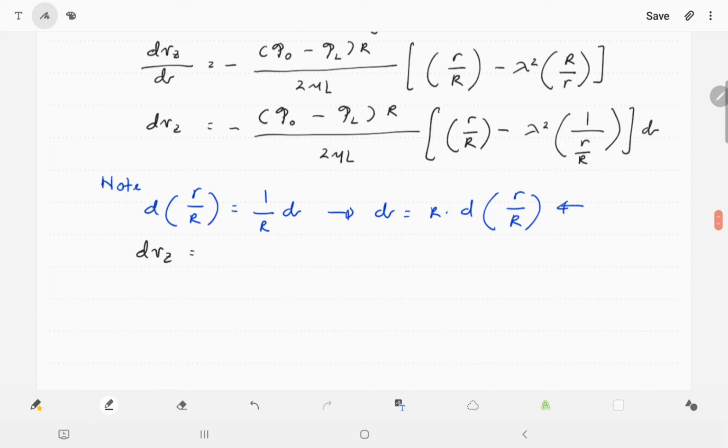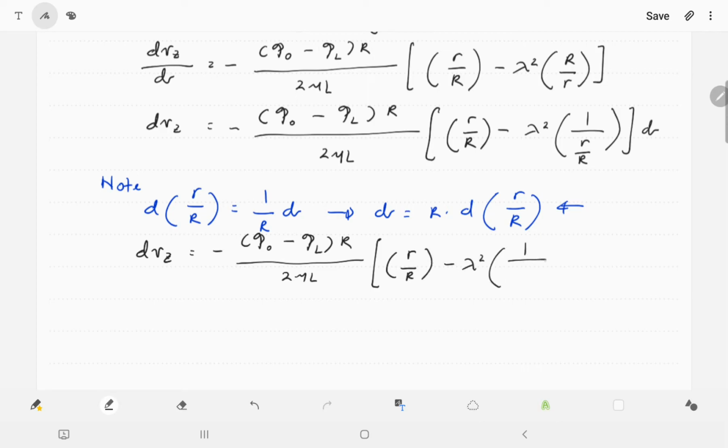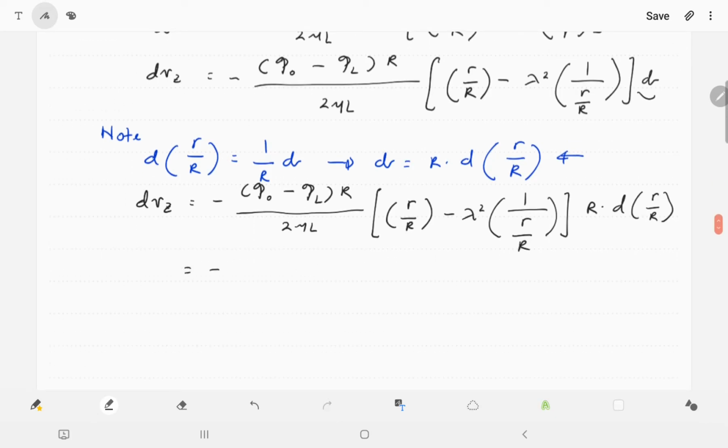So dvz will be equal to minus (p naught minus pL) R divided by 2 mu L, and then r over R, 1 divided by r over R, dr per R. So this dr becomes this term in here. Okay, then we continue the mathematical steps.